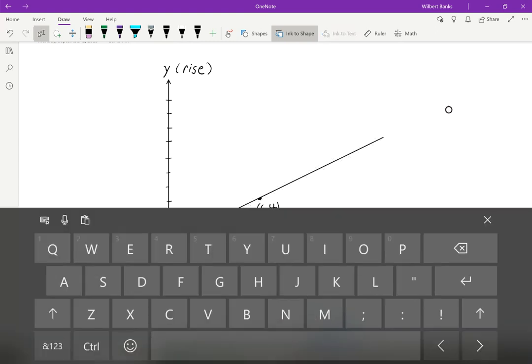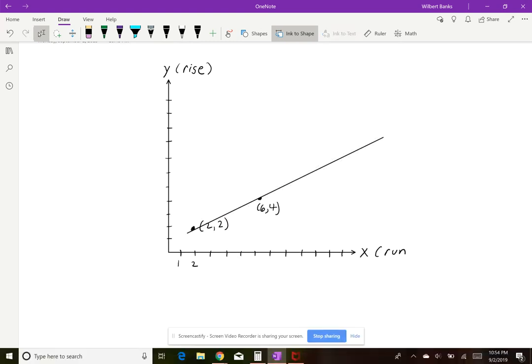The other thing that you should know from grade school is that we learned about something called slope, in which m equals rise over run, which is y2 minus y1 over x2 minus x1. In this case, it does not matter which point. I'm going to call this point right here my 2, and this one my 1.